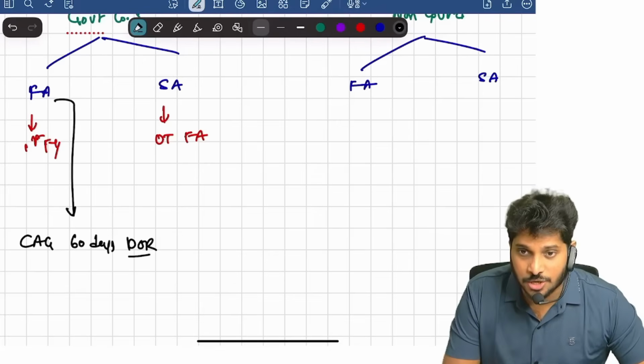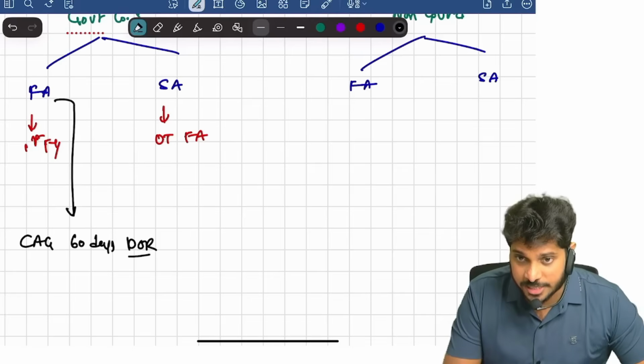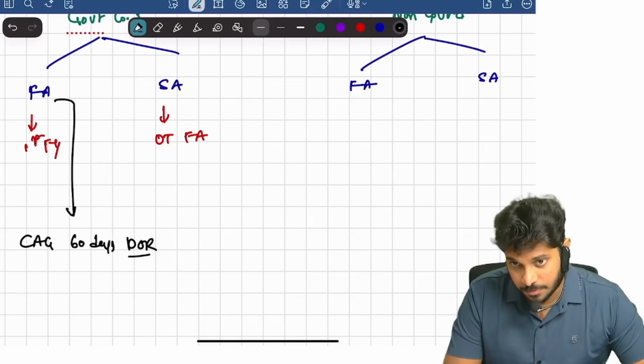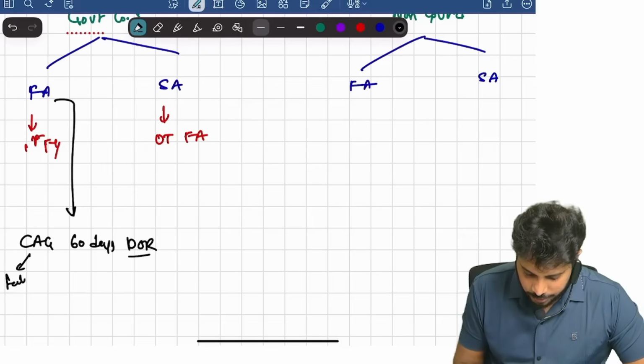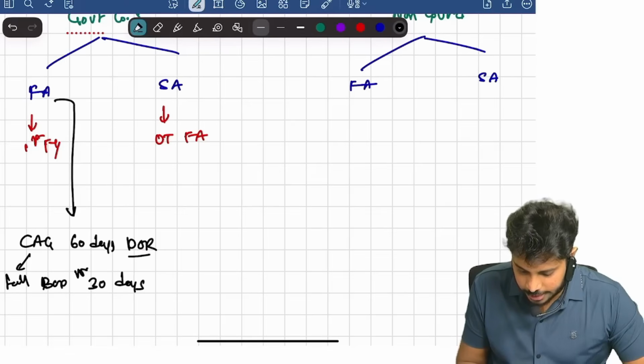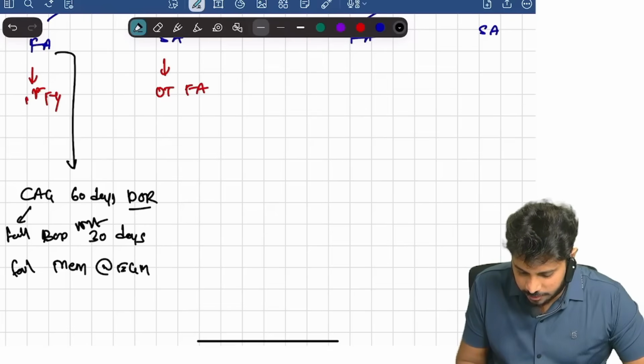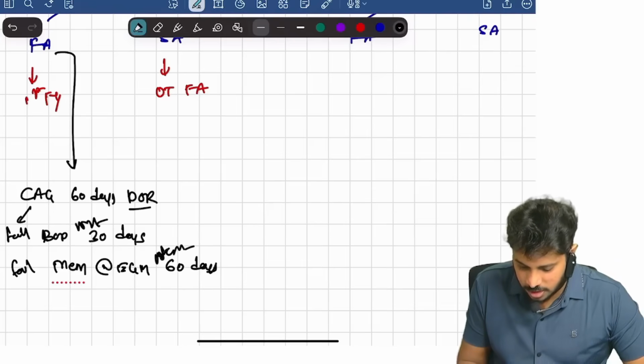Once a company is incorporated, within 60 days from the date of incorporation, C&AG must appoint the auditor. Suppose C&AG fails to do so, the board of directors will appoint within the next 30 days. If the board of directors also fails to do so, then members at an EGM will appoint the auditor within the next 60 days.